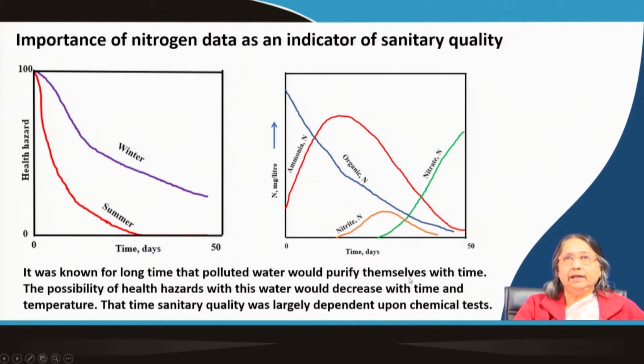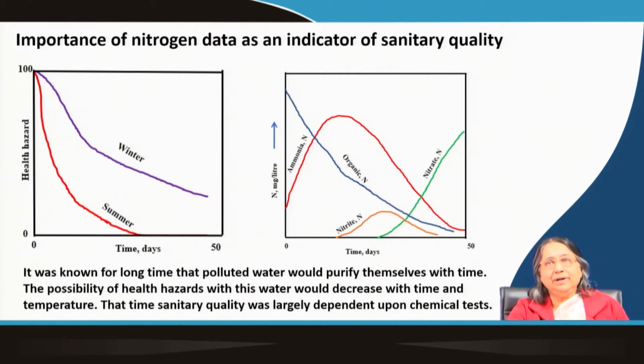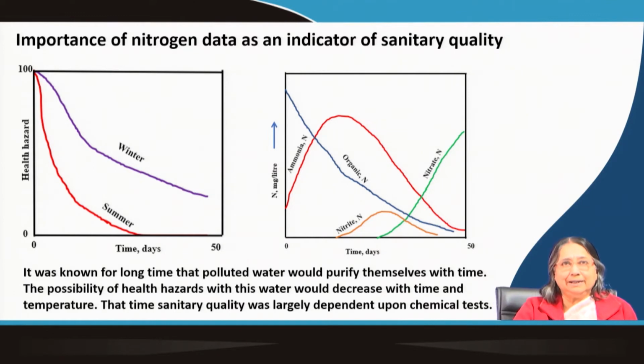So, if you spend enough time, and this is of course the natural pollution, say for example, you put some biodegradable organic matter somewhere in some natural environment, then what will happen? Naturally it will be purified with time. The possibility of health hazard with this water would decrease with time.